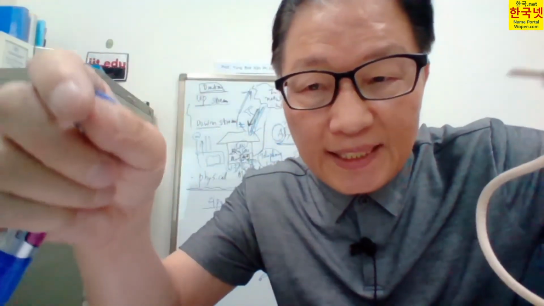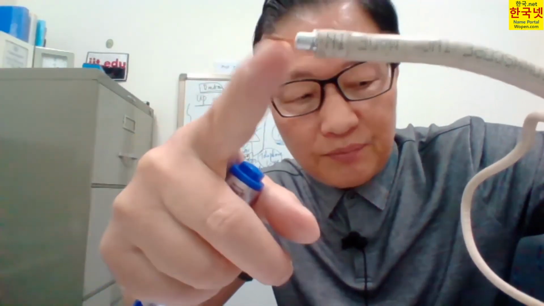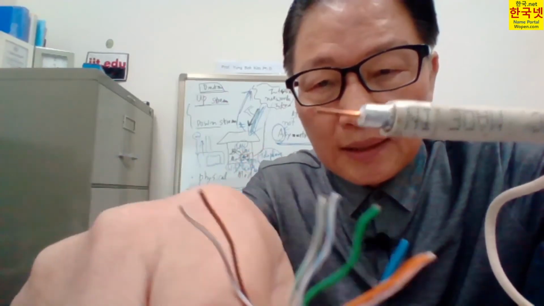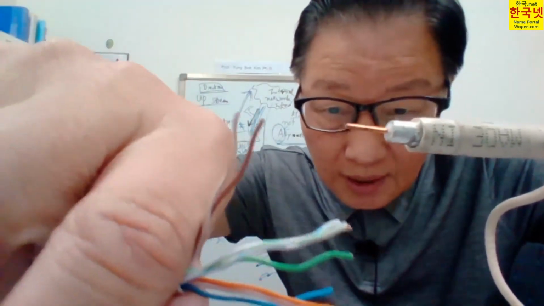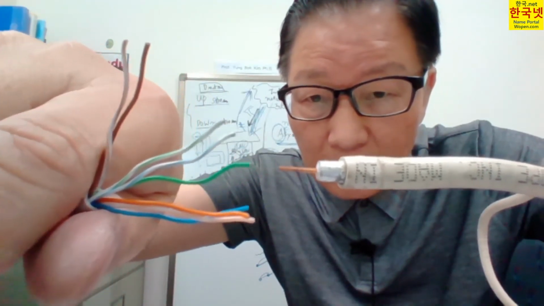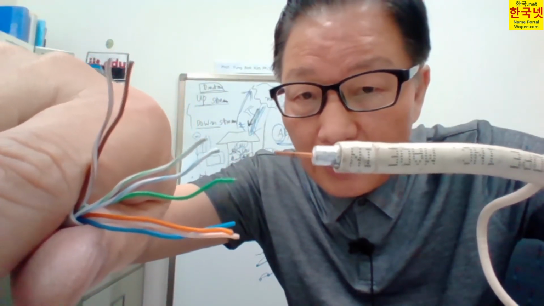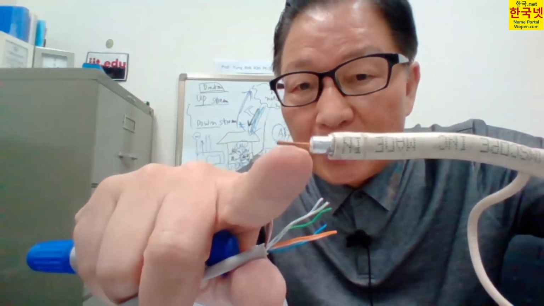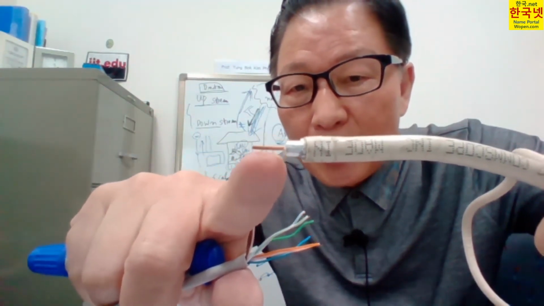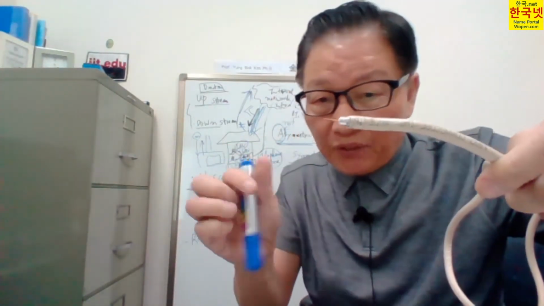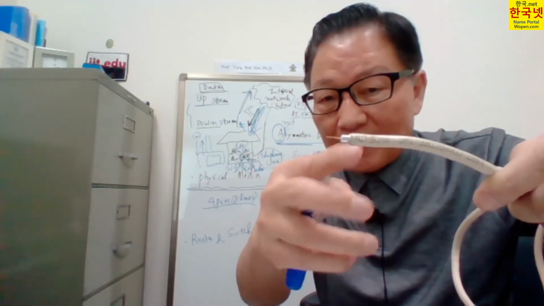This is much thicker than the previous Ethernet cable. I'll show you. You can compare. Okay, you can see the thickness. It may not be clear enough, but you can compare. Thus, that means this is transmitting a broadband signal. In terms of frequency range spectrum, that is much higher than that.